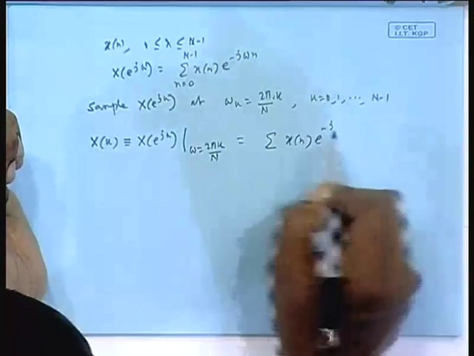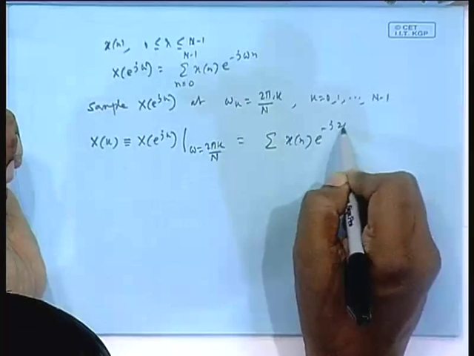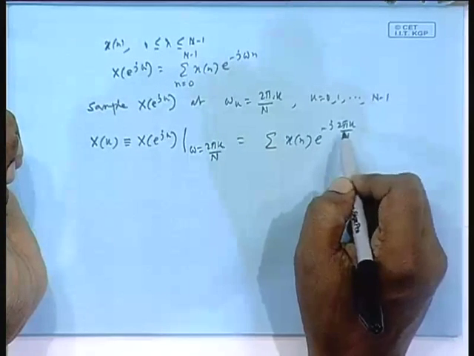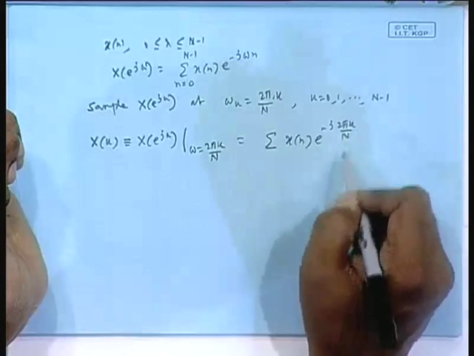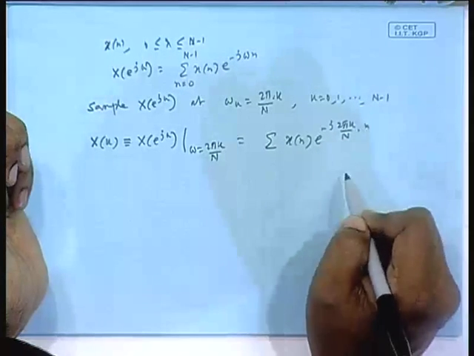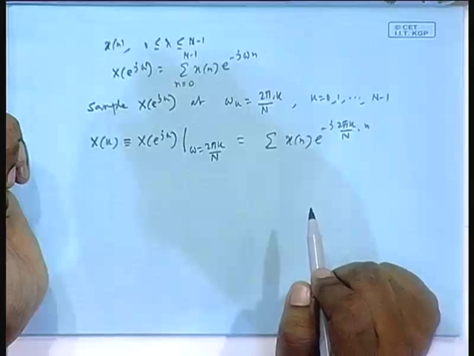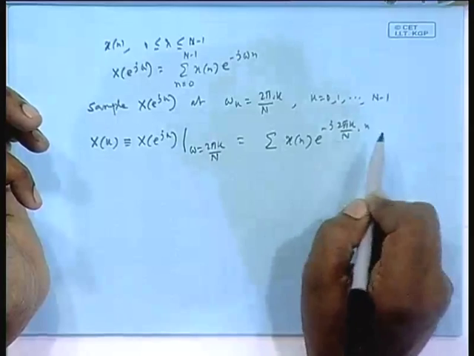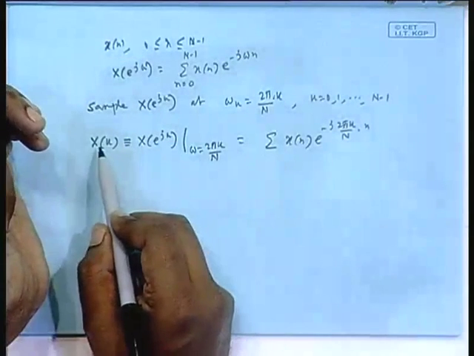Simply, replace omega by that formula, e to the power minus j, 2 pi by N times k, times small n. Okay. At this specific omega, you are finding out the DTFT, and you are simply calling it X[k].